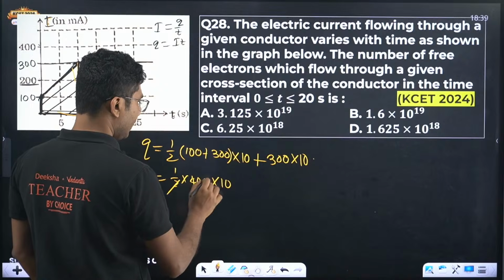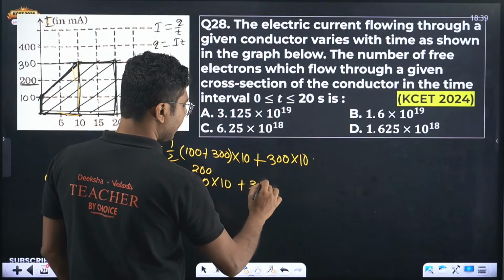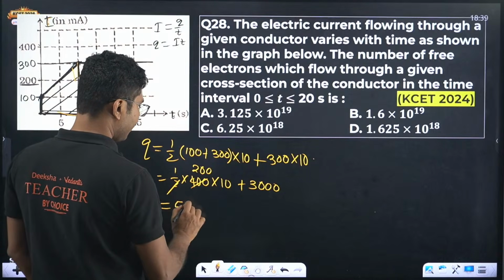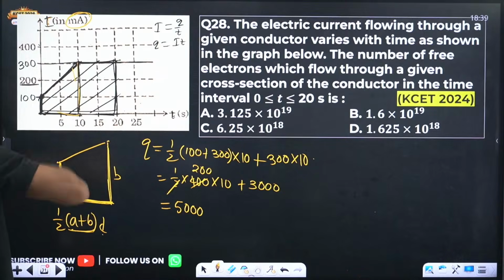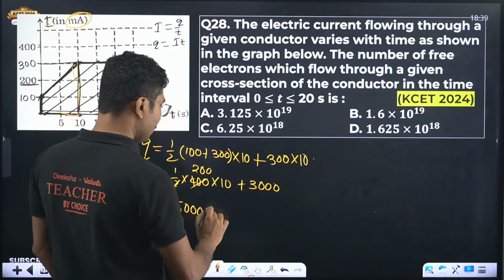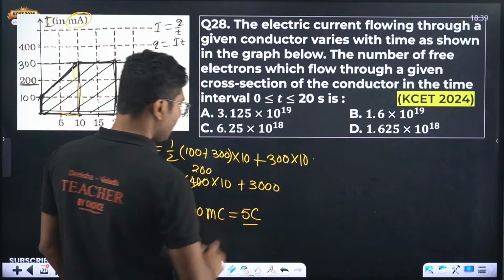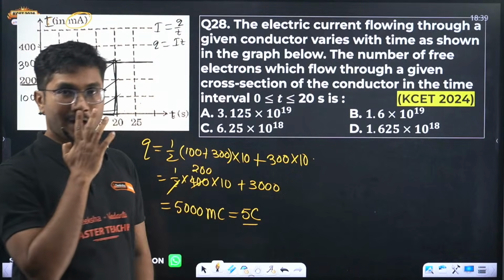Okay, so this will be half into 400 into 10. Okay, so it will be 2000, and here we will get 3000. So 3000 plus 2000, that is 5000. Now remember that here the current was given in milliampere, so this will be millicoulomb or 5 coulomb. Okay, milli means 10 to the power of minus 3, so it will be 5 coulomb.